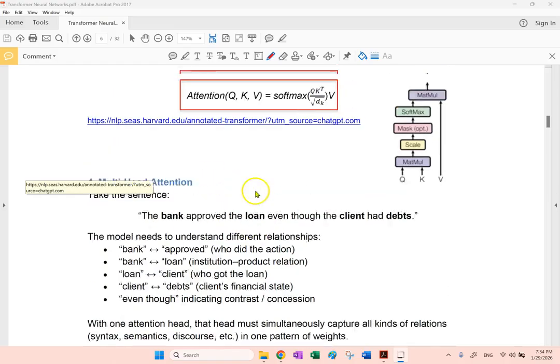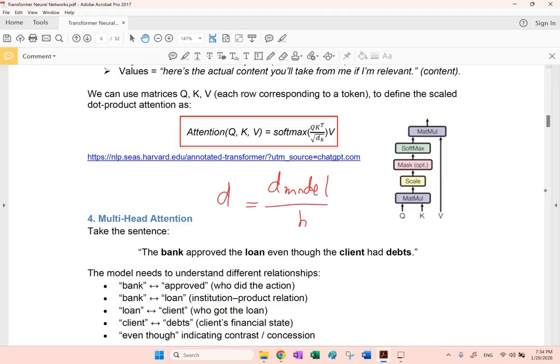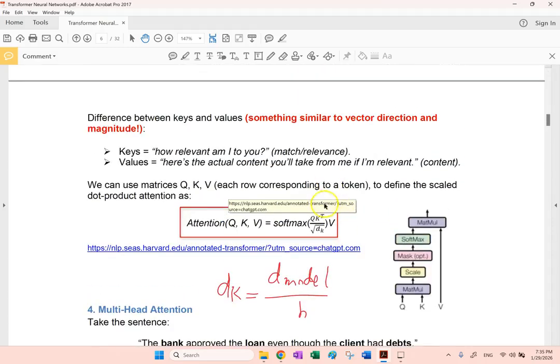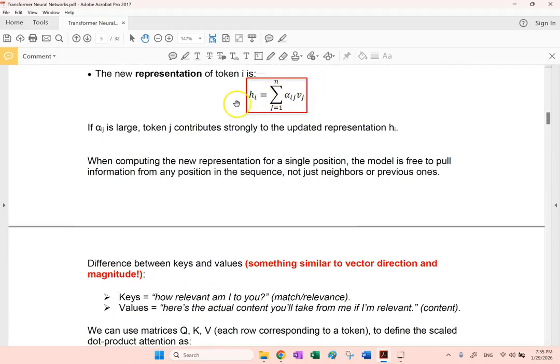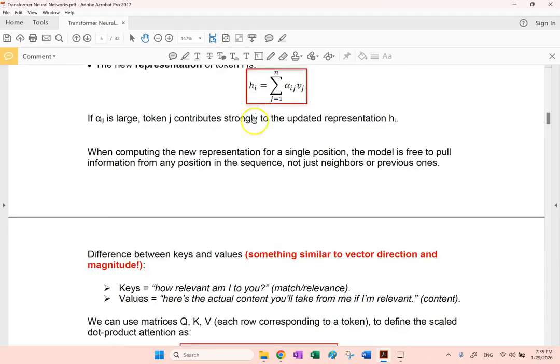I mentioned it several times, I said there are like 8 of them, and so the dimension of the higher dimensional space, D of the model, you are going to divide it by the number of these heads, and that is the dimension for the Qi, Ki, and Vi for each one of those for each token. The same with this H, the contextual representation, is also of dimension dk.